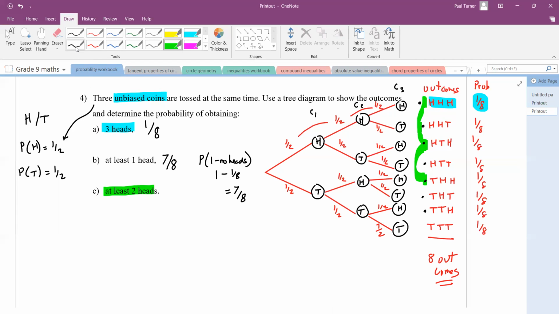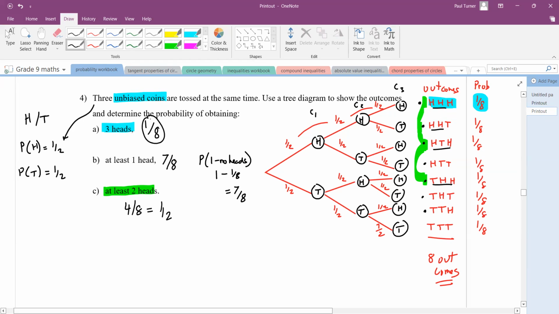So how many did we get? We've got 1, 2, 3, and 4. So that's going to be 4 out of 8, which is a half. So those are your 3 answers. So 3 heads is 1/8, at least 1 head, 7/8, and at least 2 heads will be 50% or a half.